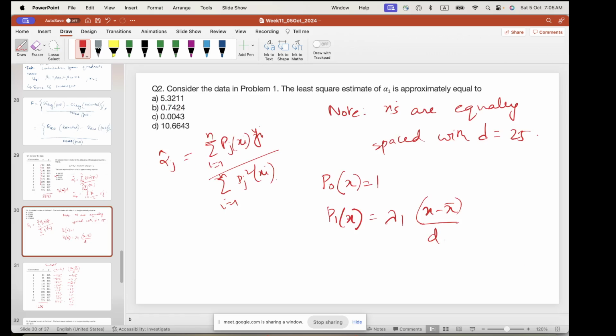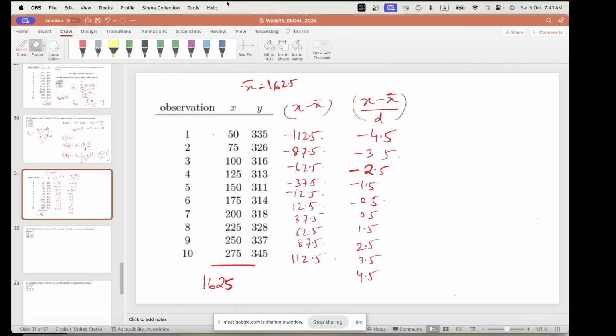So p1x would be lambda 1 into this thing, x minus x bar by d. Now we have to choose lambda in such a way that this becomes an integer.